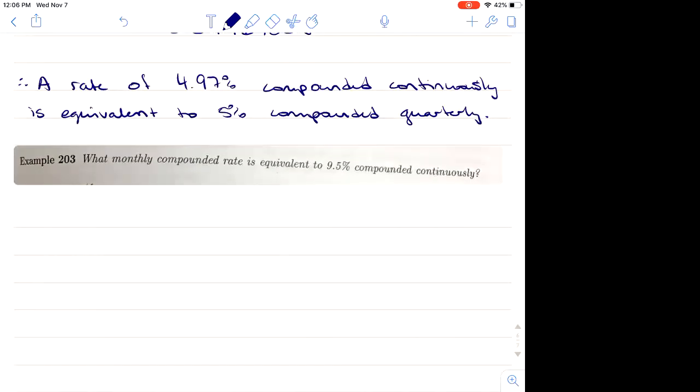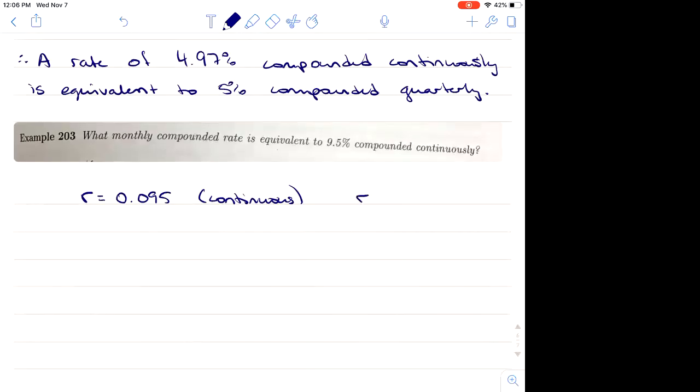So we've got R is 0.095 continuous, and we want to find R, or R2, I guess, or F2. What monthly compounded rate? We want to go to a monthly compound, so frequency of 12.